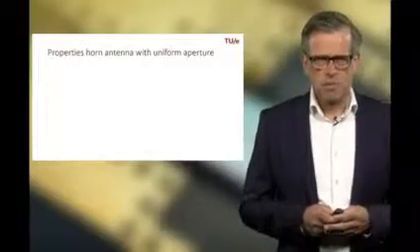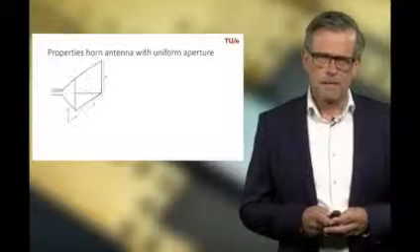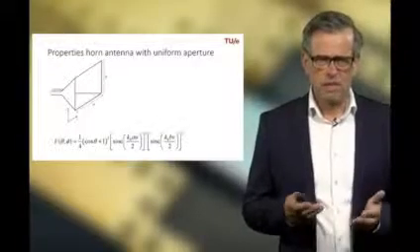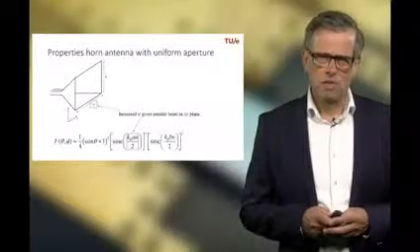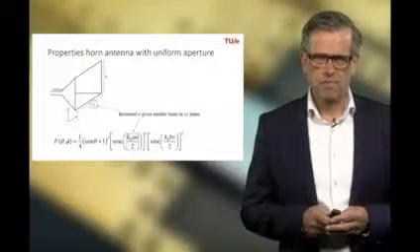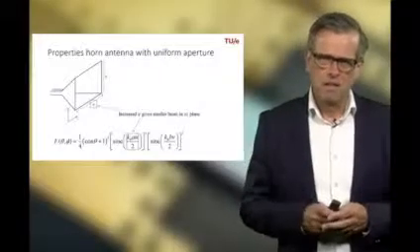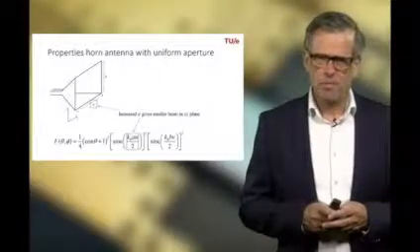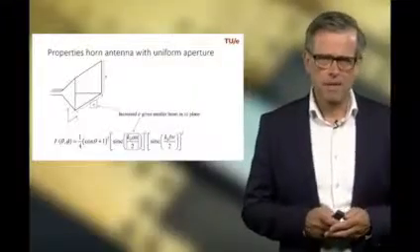So let's look at some properties of these horn antennas with uniform aperture. The radiation pattern is given by this expression, and due to the properties of the sinc function, we find that if we increase A, we obtain a smaller beam in the horizontal plane, so in the XZ plane.